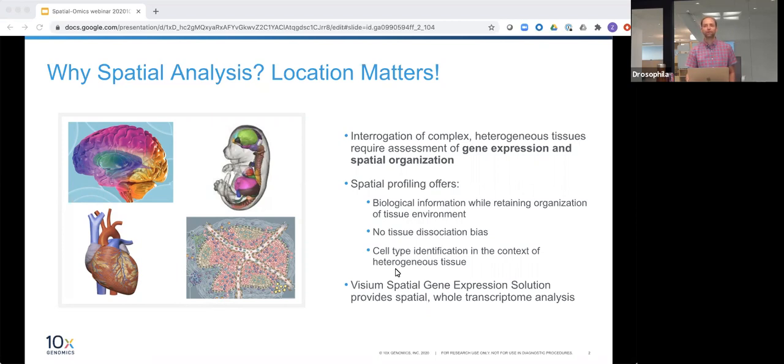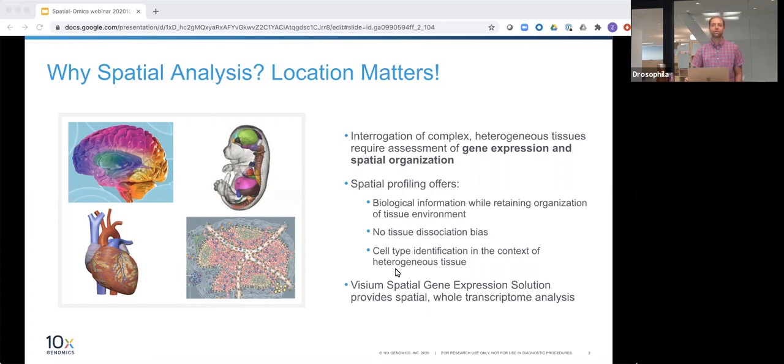Gives you biological information while retaining the organization of the tissue environment. You don't have that dissociation bias, so I think oftentimes we see tissue dissociation. You might lose certain cell types, or you might bias towards certain cell types. If you just slice the tissue and look at it directly, you don't have any of that to worry about. And you can identify cells in the context of their heterogeneous tissues.